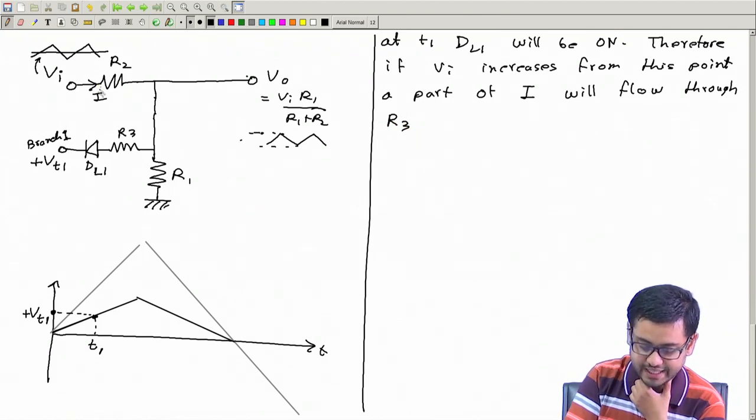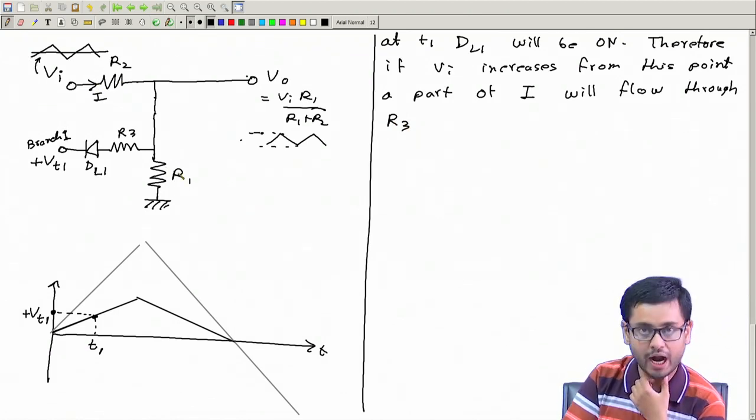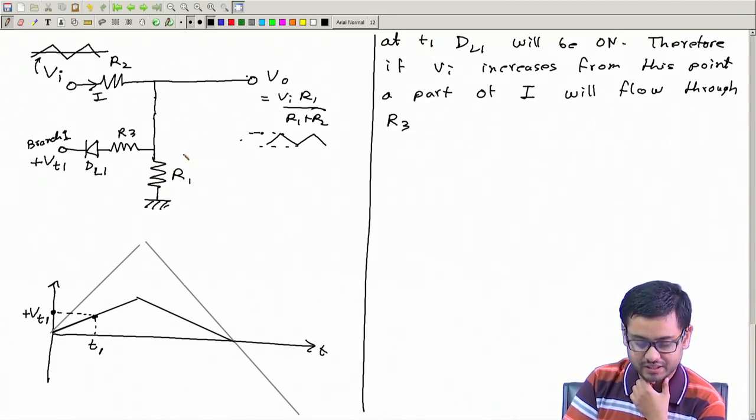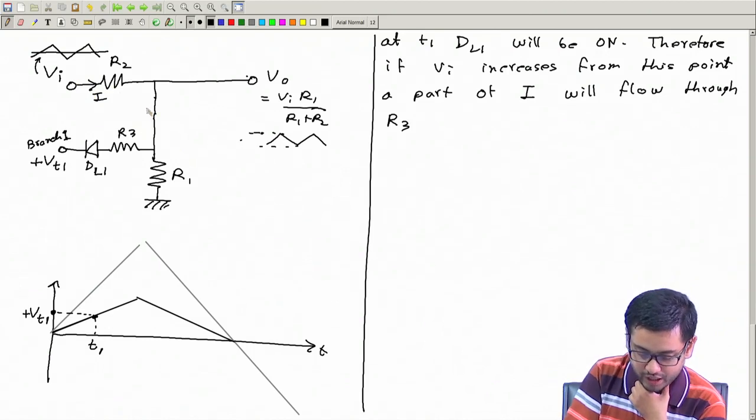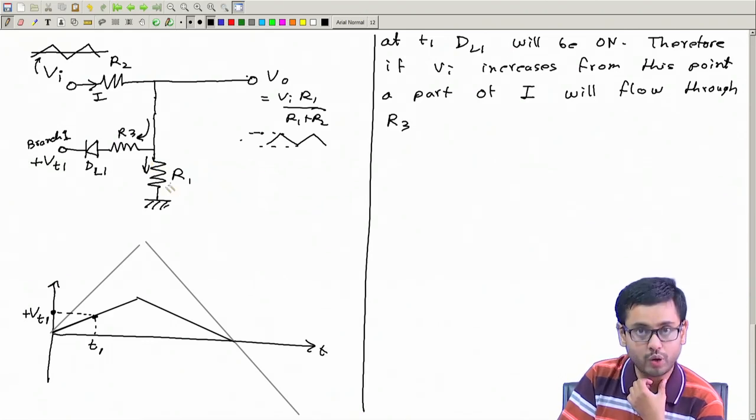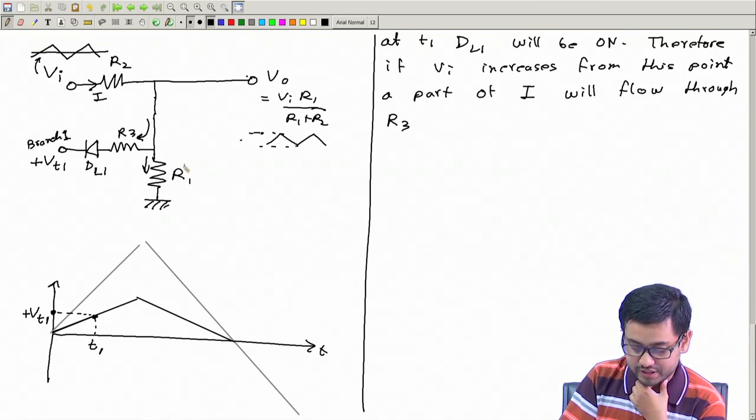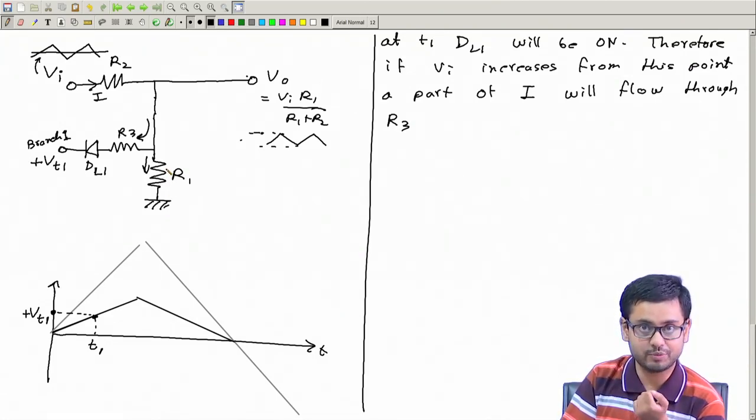So previously the entire I was flowing through R1. Therefore this voltage was increasing quite rapidly. Now a part of I will branch through this, and therefore this current which goes through R1 is lower, smaller. Therefore this voltage will not increase as fast as before.